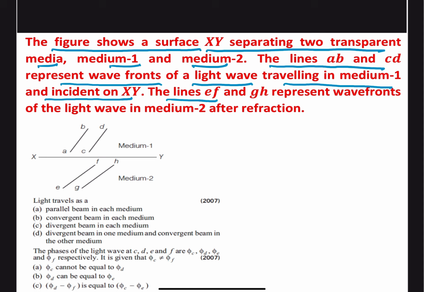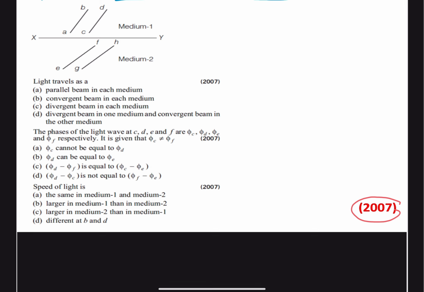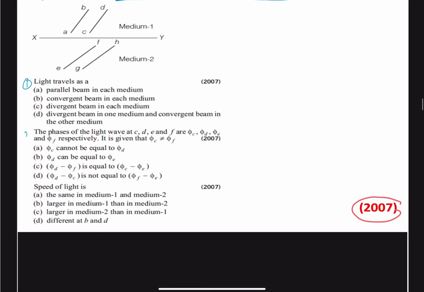The lines EF and GH represent wave fronts of the light wave in medium 2 after refraction. So based on this we have three questions. The first question asks how the light travels. In part B we have to find out how the phases of the light are going to behave, and finally we have to find out the speed of light in medium 1 and medium 2.